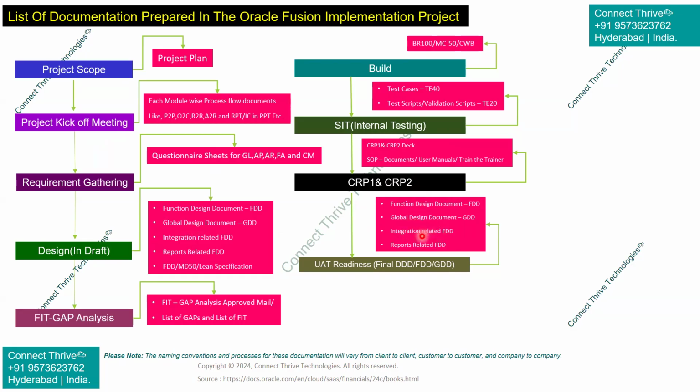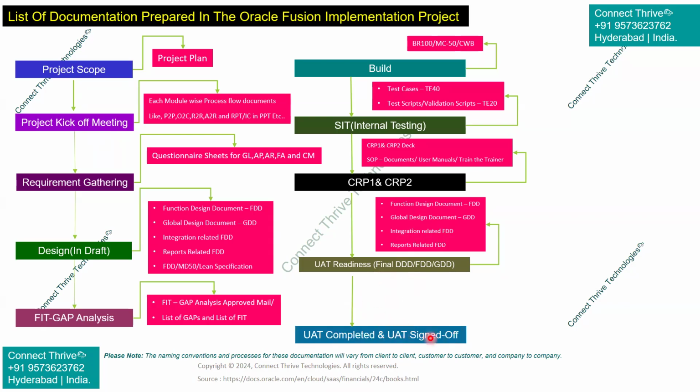Once the UAT is done, we have to update the actual DDDs, like FDDs, based on the latest requirements. Again we have to update the global design document or functional design document, whatever it may be, and integration related documents, again based on the new requirements.